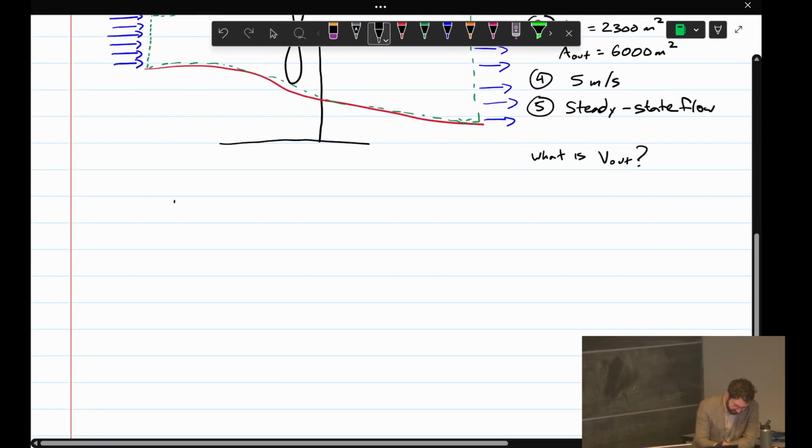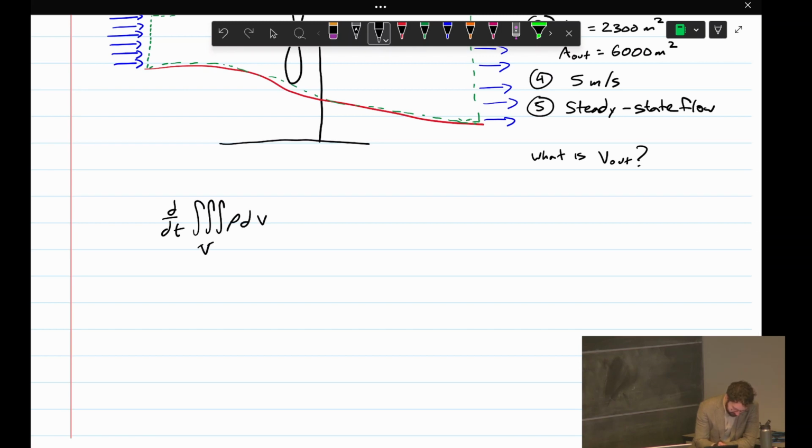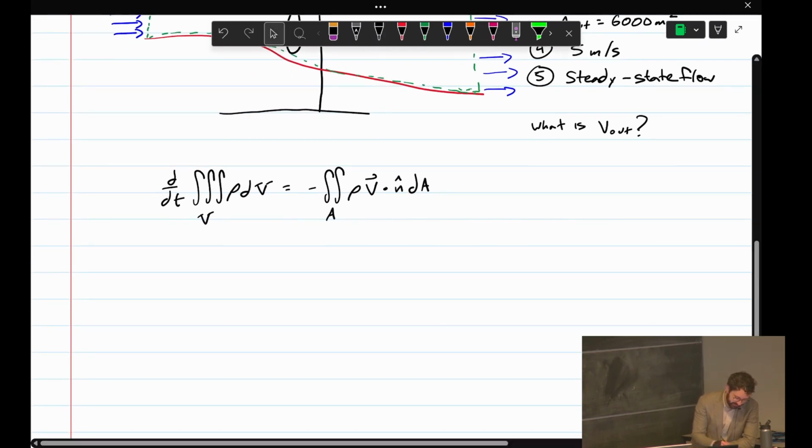Okay. So our conservation of mass says that d by dt of this volume integral is the negative area integral of rho v dot n hat dA. Since it's steady state, we can get rid of this volume integral.